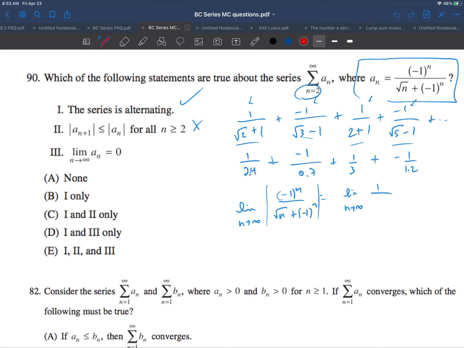The thing on bottom, because you're adding and subtracting that number from the square root of n, wouldn't always look like the square root of n plus 1. However, if you look at that bottom, square root of n is going to be way more powerful than just -1 to the n. As n goes to infinity, that's going to get infinitely large. -1 to the n is just going to be either 1 or -1. So the highest degree term on the bottom will be square root of n. So that limit is going to go to 0. So that part's satisfied. So 1, 2, and 3 are satisfied.